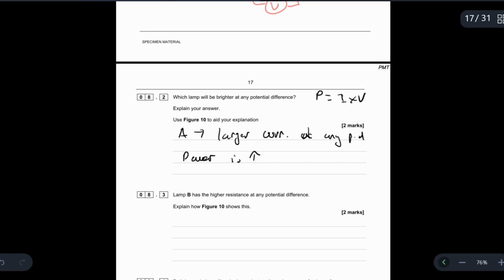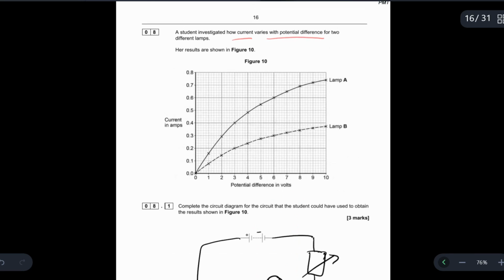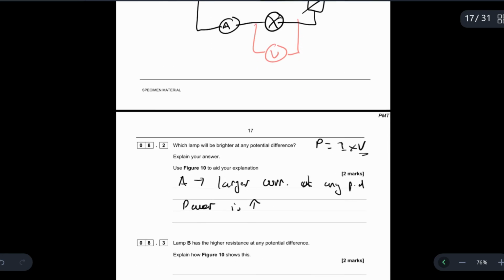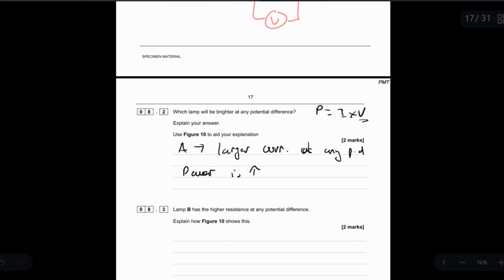If your voltage is the same, so let's say 5 volts, the current is the thing that makes a difference. 5 volts times 0.2 versus 5 volts times a higher value, you're obviously going to get a higher power if the current is higher for the same voltage. And therefore, if you've got a higher power output, then it's going to be brighter.